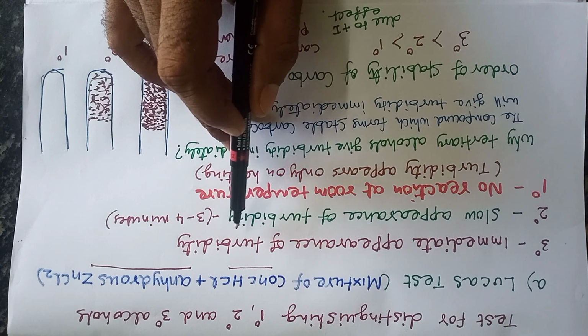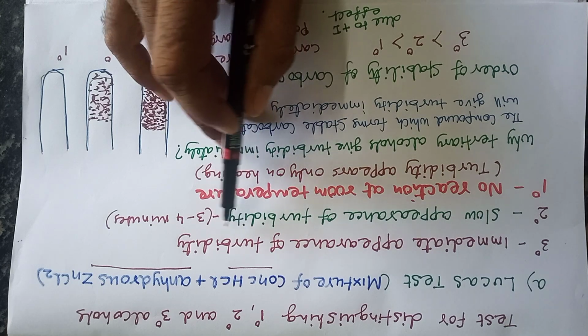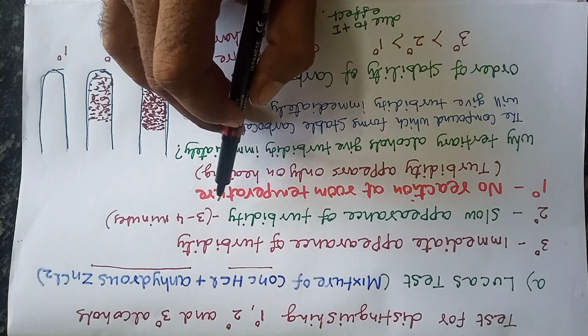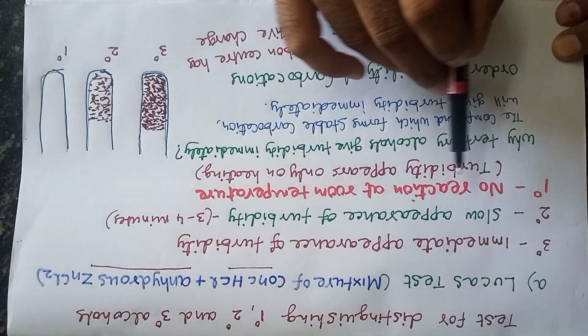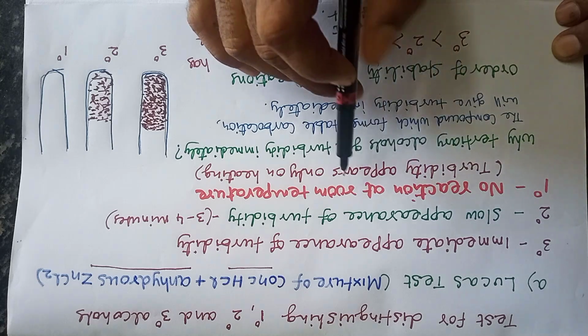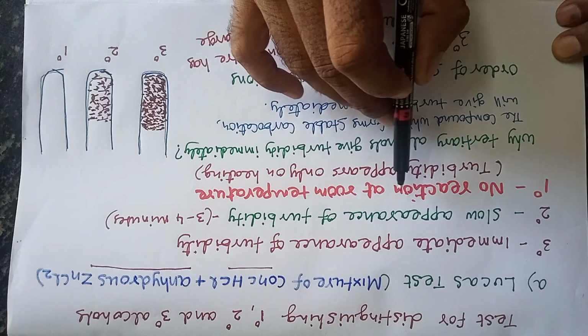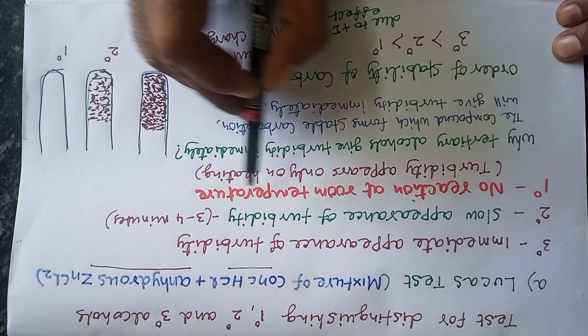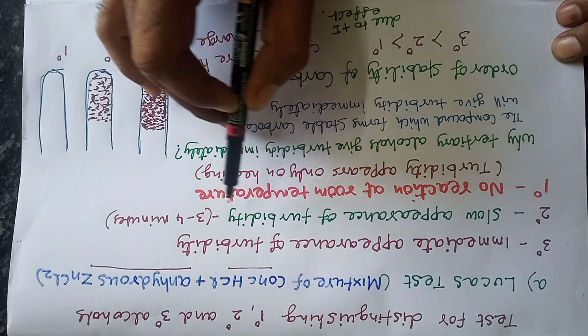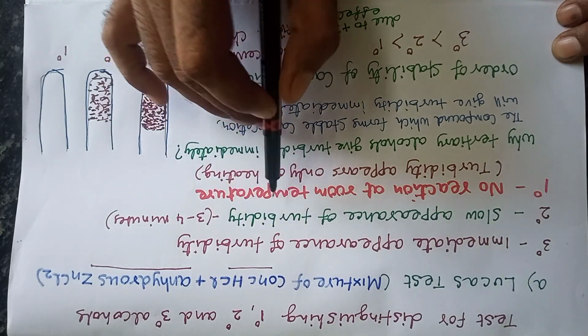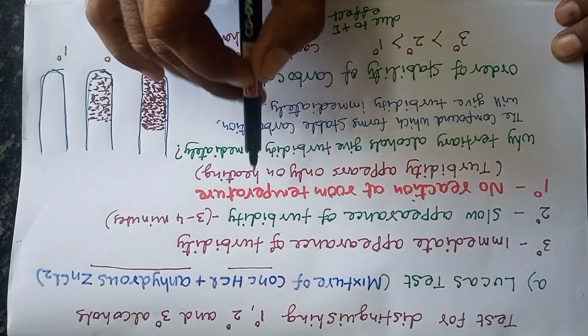So in tertiary alcohol there is an immediate appearance of turbidity. In secondary alcohols, there is a slow appearance of turbidity, within 10 minutes, approximately 3 to 4 minutes.